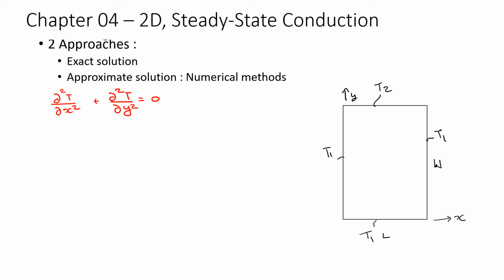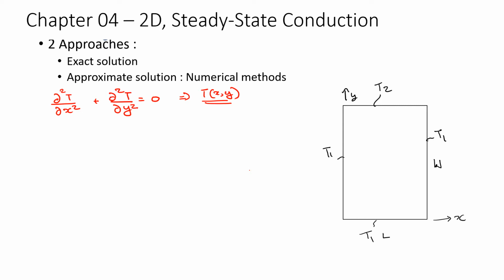If it's in x and z direction, we'll have a z square instead of y square, and if it's in z and y direction, we'll have a z square instead of x square. So here your temperature will be a function of x and y now, instead of just being a function of one variable. We have our temperature varying in two dimensions.